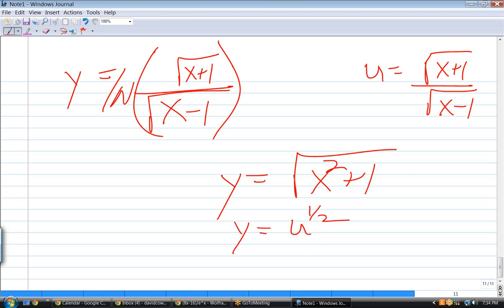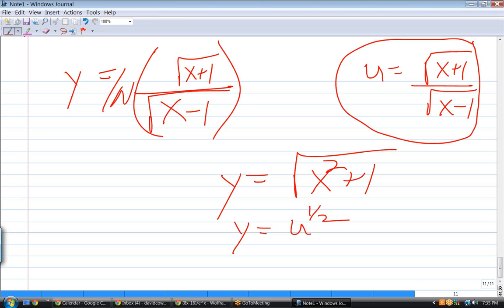The chain rule, if you're going to use u substitution, then you always have to multiply the derivative of the outside times the derivative of the inside, and the derivative of the inside I get from taking the derivative of that. Which isn't going to be pretty, but it's not going to be that hard.